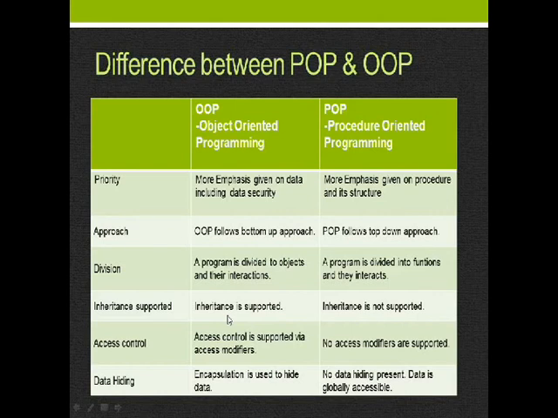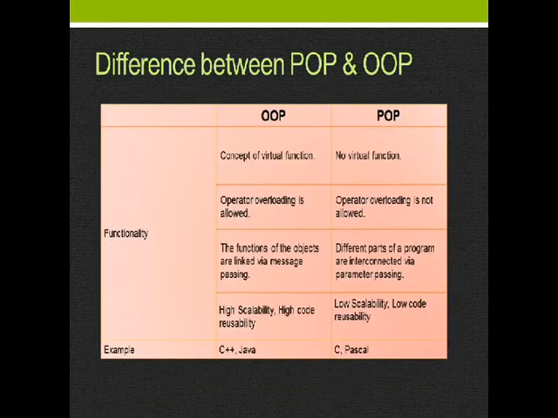Encapsulation is used to hide data, whereas in procedure oriented programming there is no security of data. Data is globally accessible. And from the functionality point of view, in object oriented programming there is a concept of virtual function, and in procedure oriented programming there is no concept of virtual function.